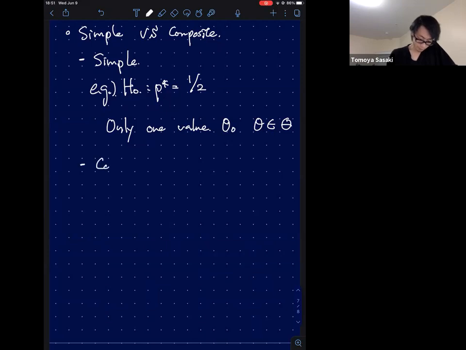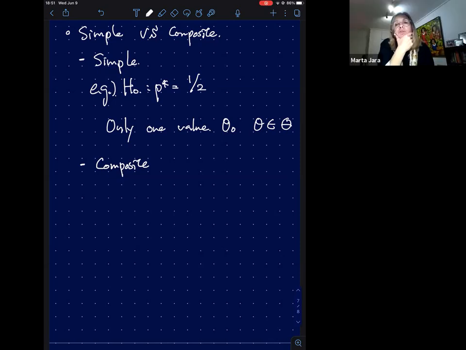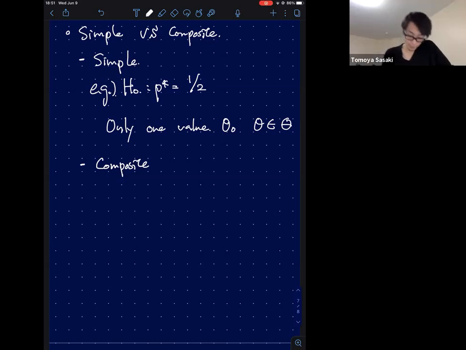Then what's a composite hypothesis? It's when we're looking for a condition to be met, like theta less than or greater than. Yes, that's a good example. Yes, great, thank you. Like the example we had on the previous page, P star is not equal to 1/2.